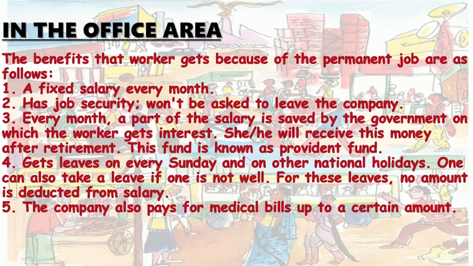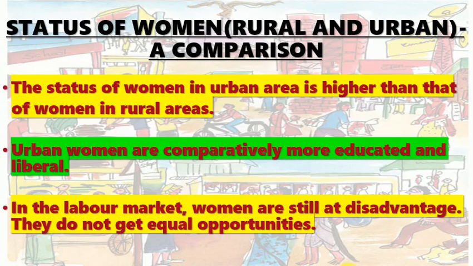So now when we are talking about employment, we must look at some more aspects as well. For example, the status of women. The status of women in urban areas is higher than that of women in rural areas, and they are comparatively more educated and liberal.